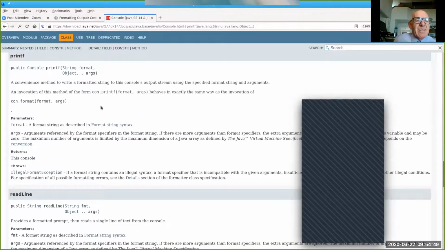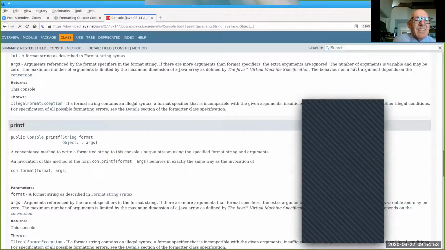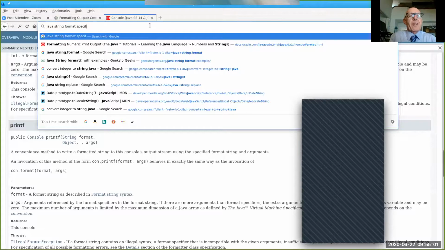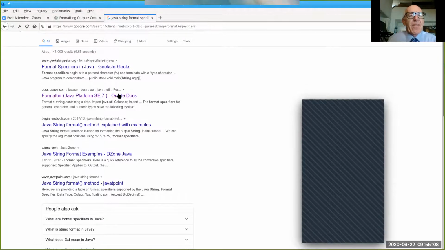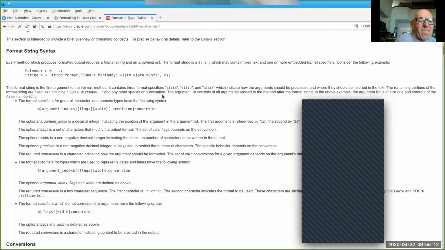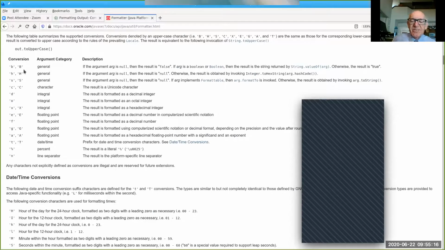Let's see here. Well, this is interesting. Okay, let's try Java string format specifiers. Formatter. Okay, here they are. There we go.